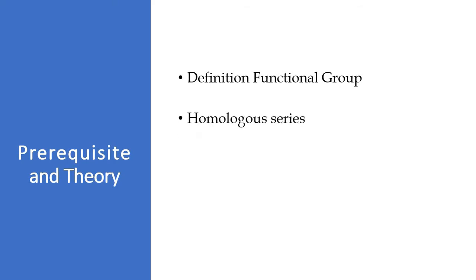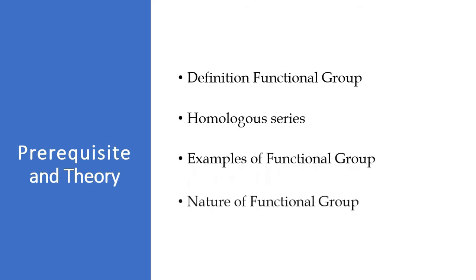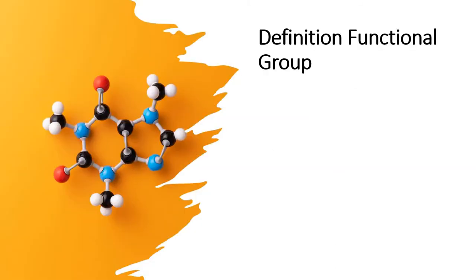Now for this practical we need some prerequisites. We should know some of the basic concepts: the definition of functional group, what is homologous series, then examples of some functional groups and the nature of functional groups. So let us see one by one.